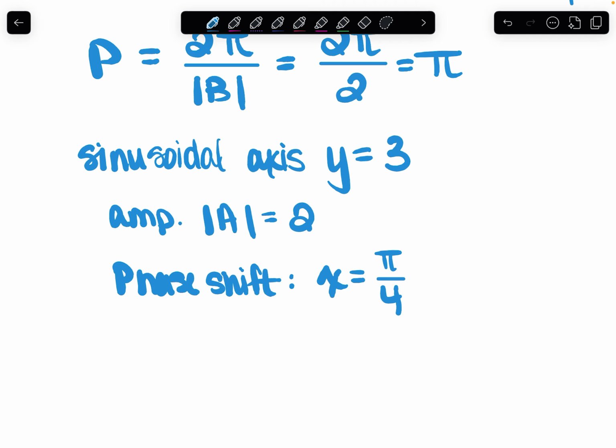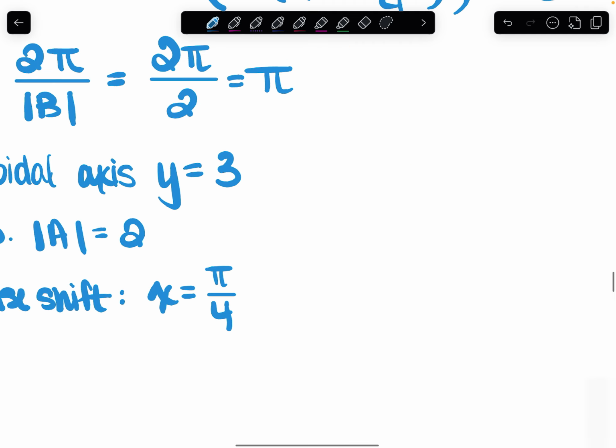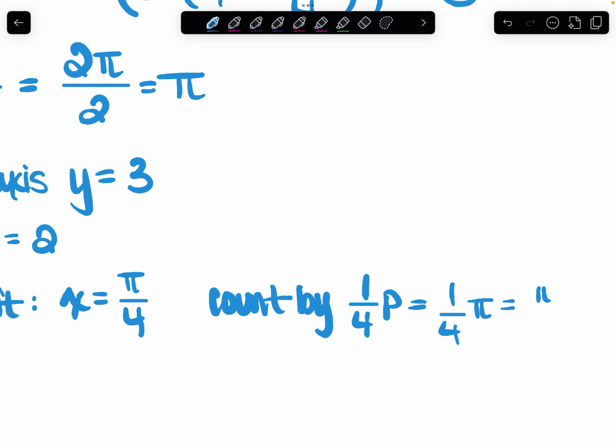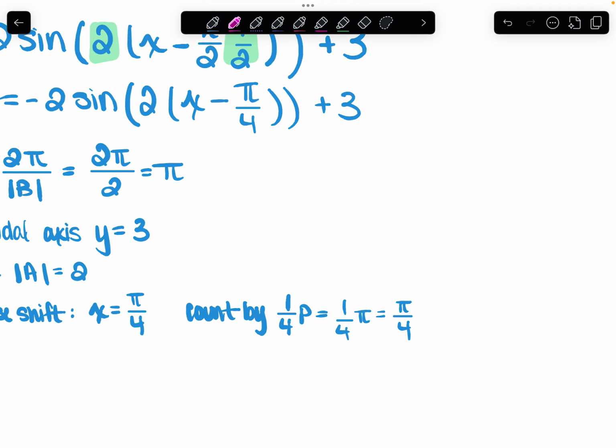And then we need our count by. Put the count by beside it because we use those together. It's 1/4 of pi, so I'd rather write it as pi over 4.